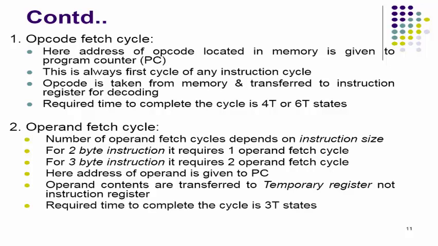The contents available in the operand are transferred to a temporary register, not the instruction register. In the instruction register you will always find the first byte of the instruction, that is the opcode. The time required to complete this operand fetch cycle is 3 clock cycles or 3 T states.